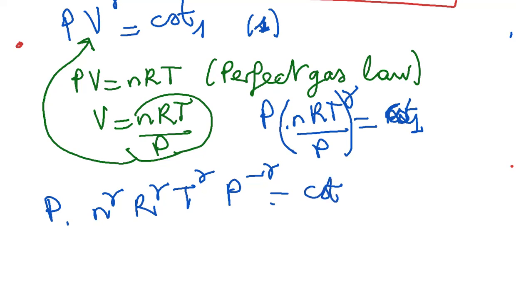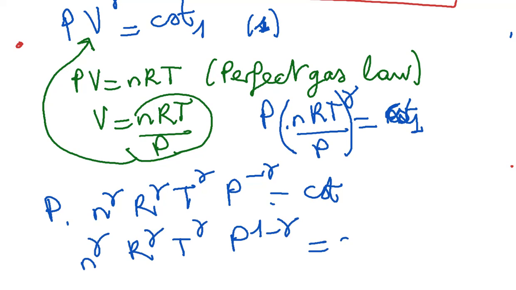So I'm going to gather the powers of the pressure P together. Now, exactly like earlier, I am going to identify the constants and bring them to the other side. n is a constant, R is a constant, so I can bring them to the other side.